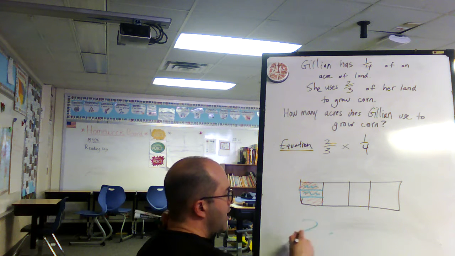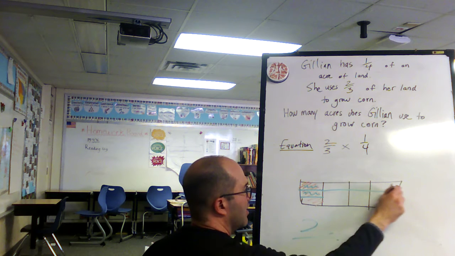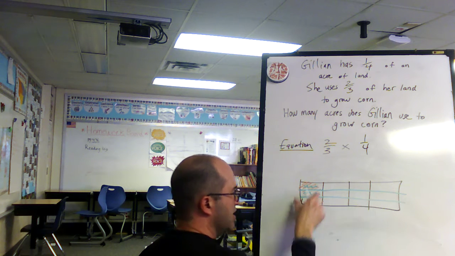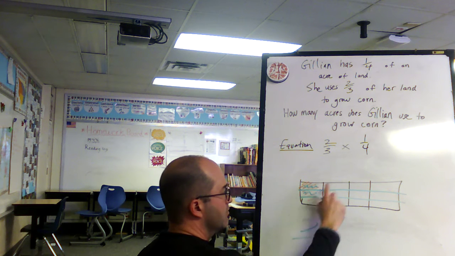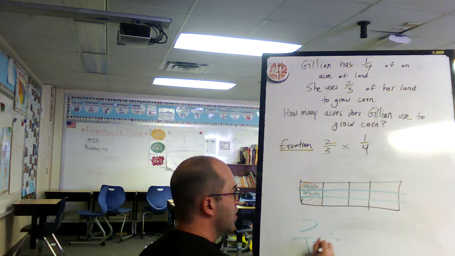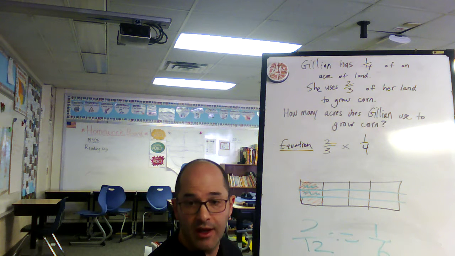So 2 out of, and it's helpful to just extend the line just so we can see how many pieces there would be altogether. 2 out of 3, 6, 9, 12. 2/12 of an acre, which is the same, of course, as 1/6 of an acre.